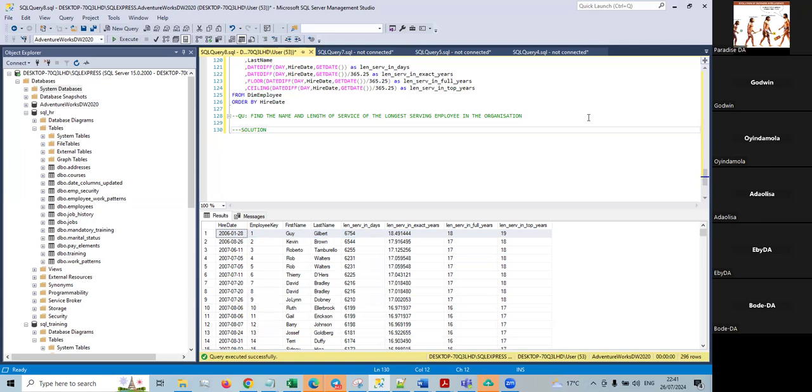That's queries within a query. Subquery.